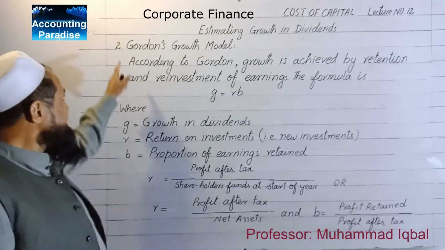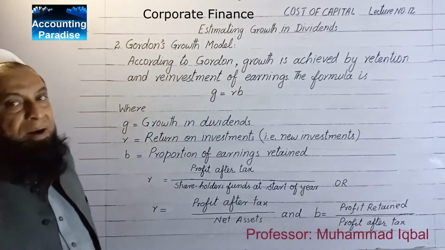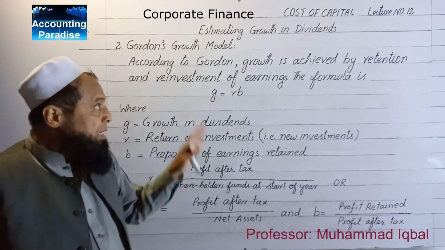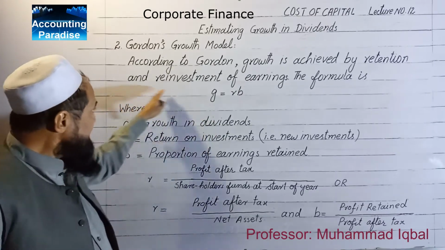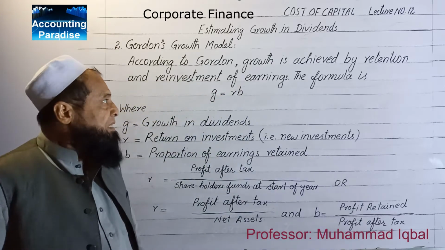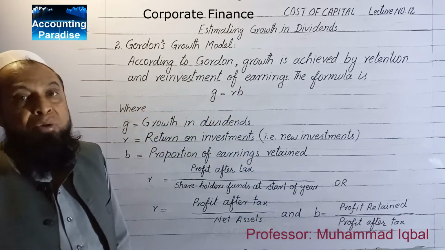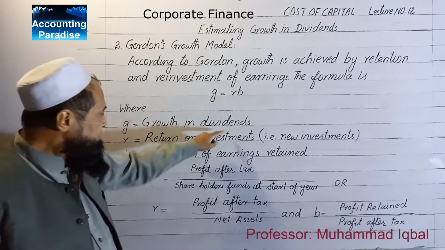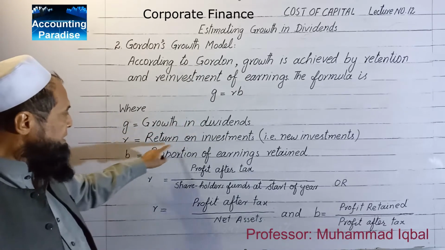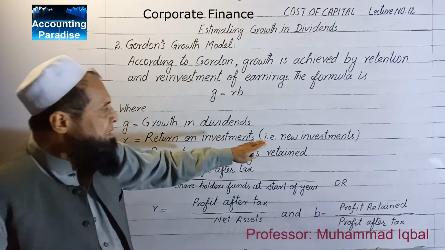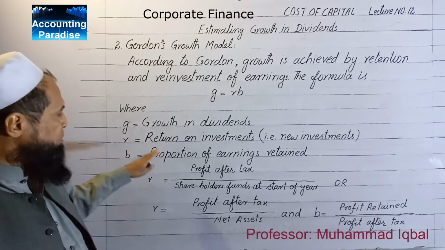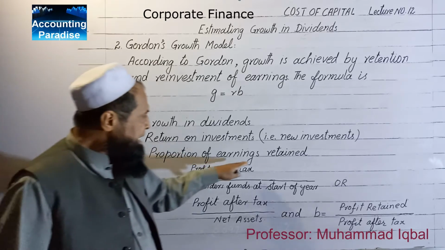The second method is Gordon's growth model. According to Gordon, growth is achieved by retention and reinvestment of earnings. The formula is G is equal to RB, where G is growth in dividends, R is return on investments, that is new investments, and B is the proportion of earnings retained.